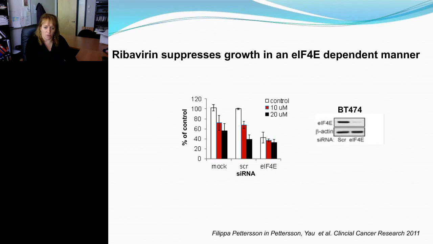What's very notable is that in the scrambled controls, you have a nice dose-dependent repression of growth of these cells in the presence of ribavirin. In Si4E cells, despite the fact that you still have room to go, you see no further reduction in growth, indicating that the reduction in growth here is due to ribavirin's interaction with 4E. I should also note that we clinically achieve well over 20 micromolar with no toxicity in patients routinely.